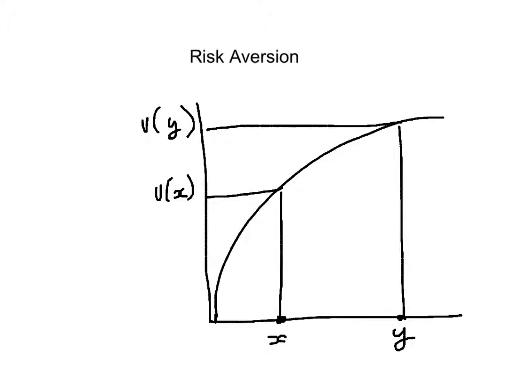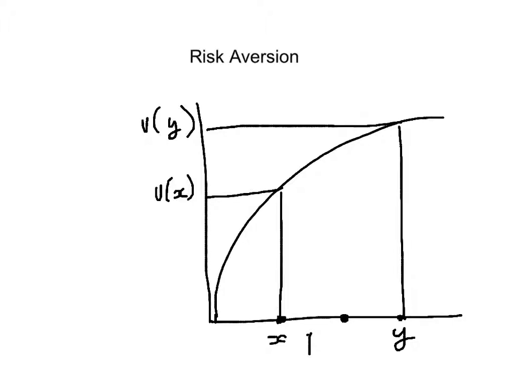Now if I consider a lottery where I am getting X with a probability P and Y with a probability 1 minus P, what is the expected value of this gamble? Let's pick P equal to 0.5. So expected value will be right here, right?